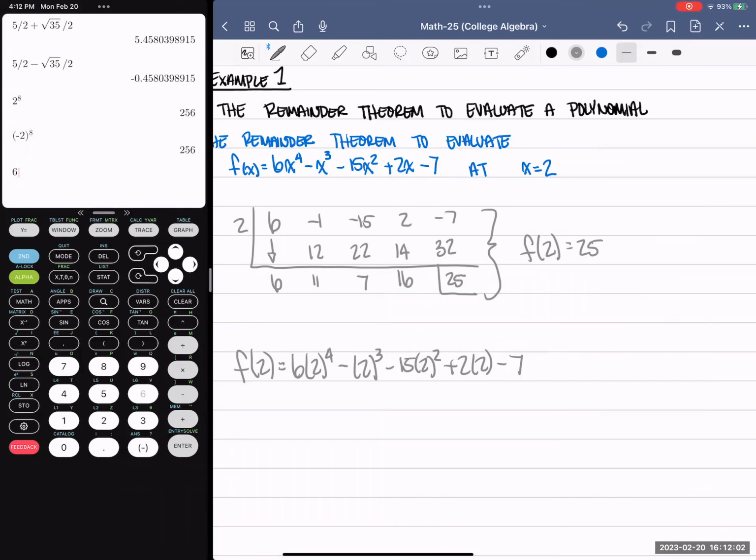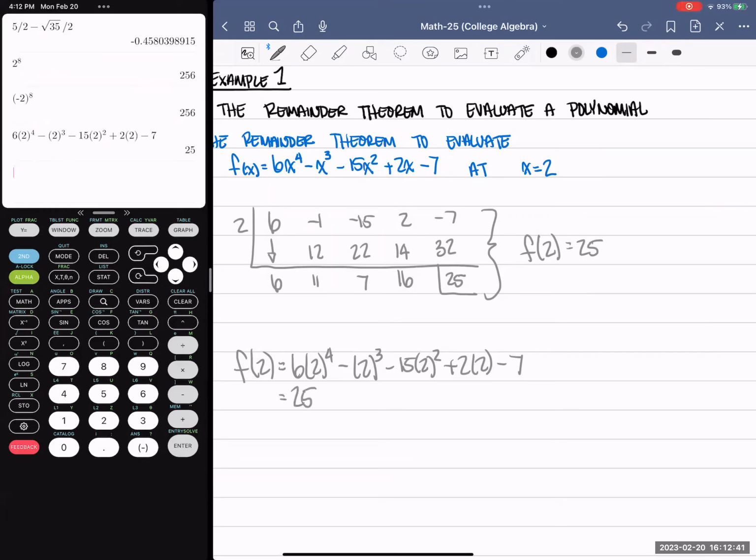So we have 6 times 2 raised to the power 4 minus 2 raised to the power 3 minus 15 times 2 squared plus 2 times 2 minus 7, and wow, that gives us 25.